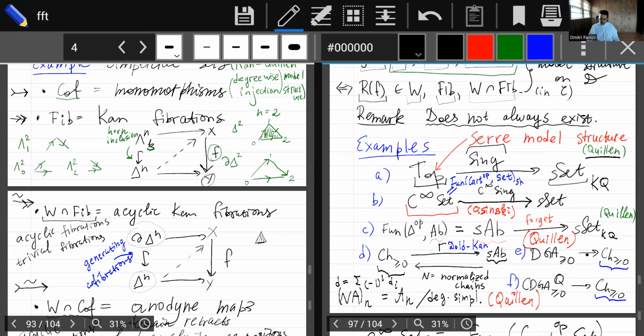Here, a weak equivalence will be a quasi-isomorphism of the underlying chain complexes, for example. And all these structures have an algebraic flavor.